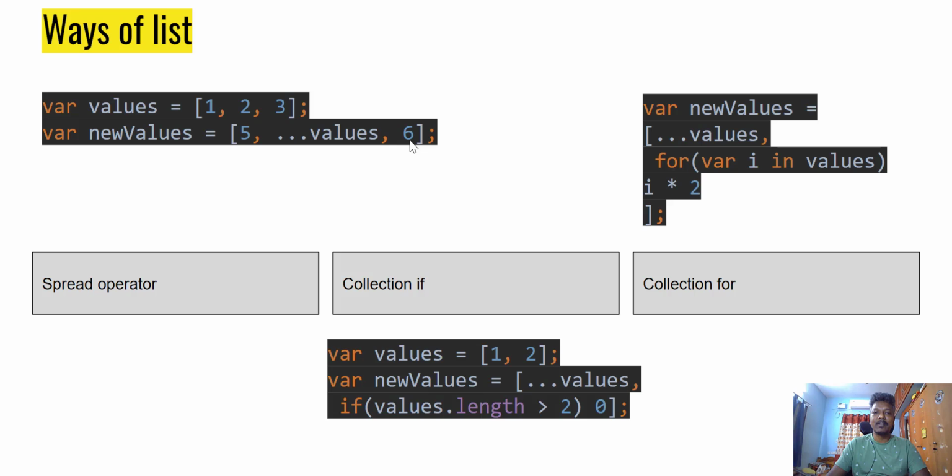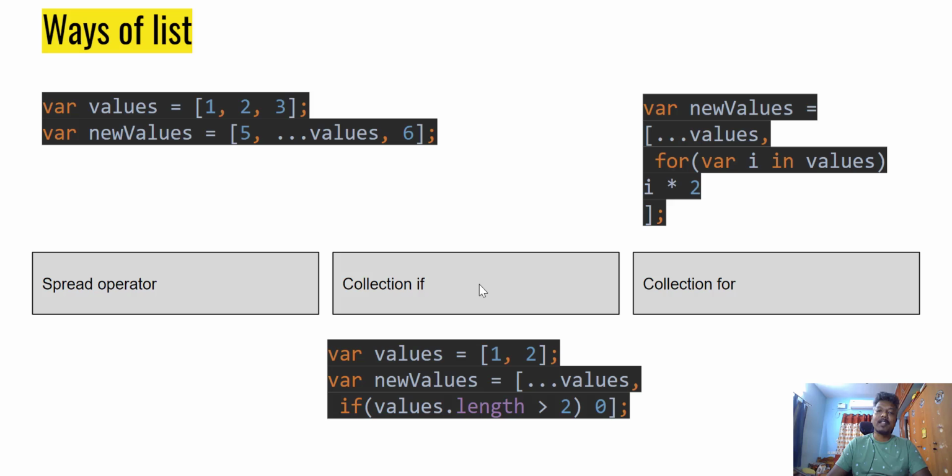So 5, 6 are the new values in the new list, and from the existing list I'm just putting the three dots and inserting it into this new list. If you access this new list now, you will have these five objects in the new list. So this is the spread operator. Remember, three dots for the spread operator.